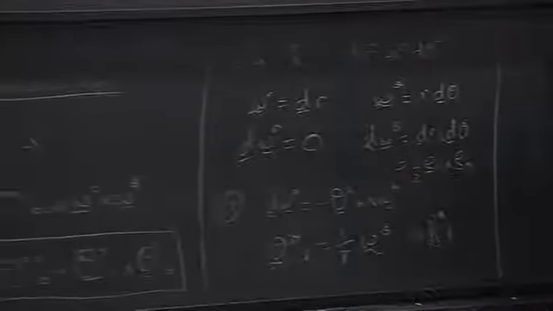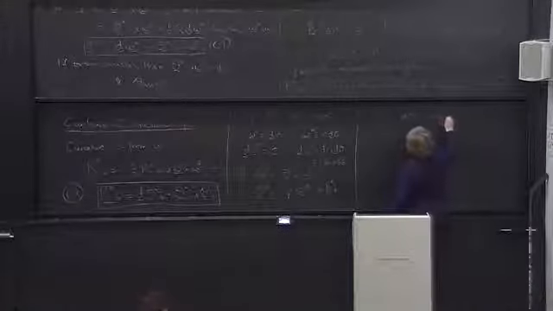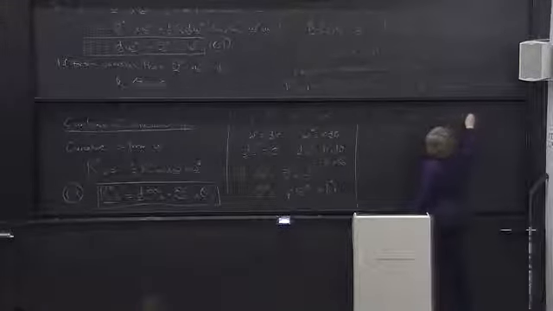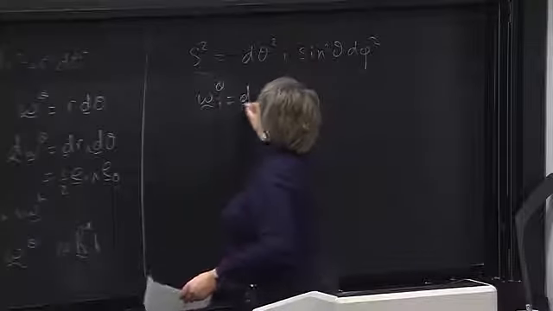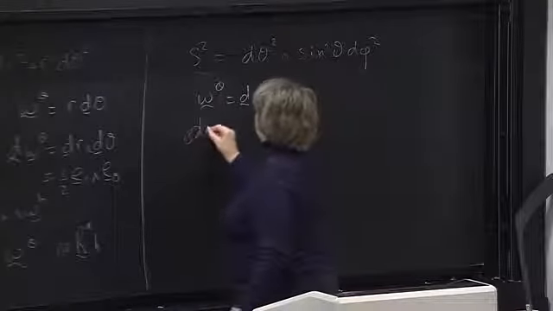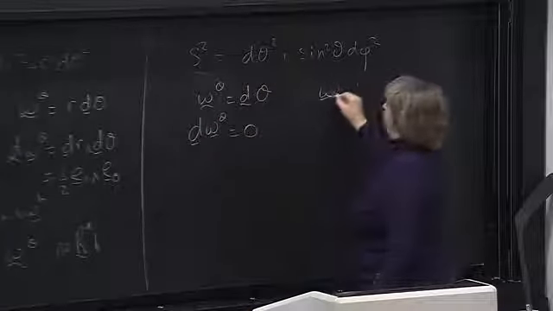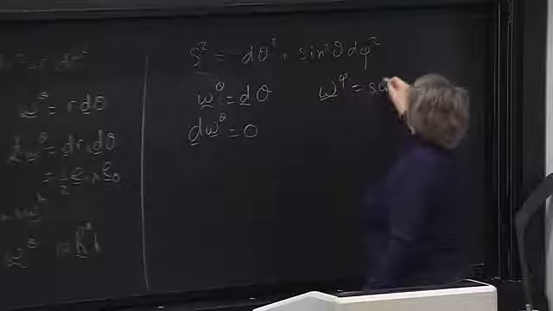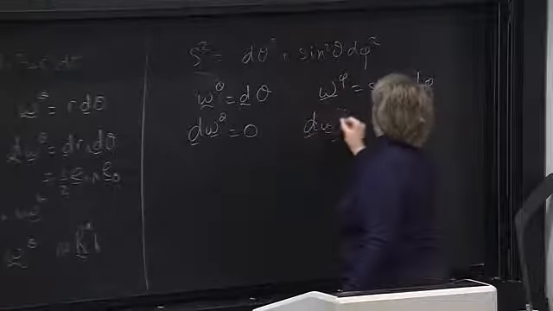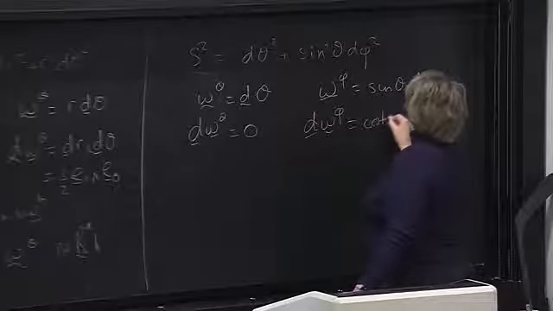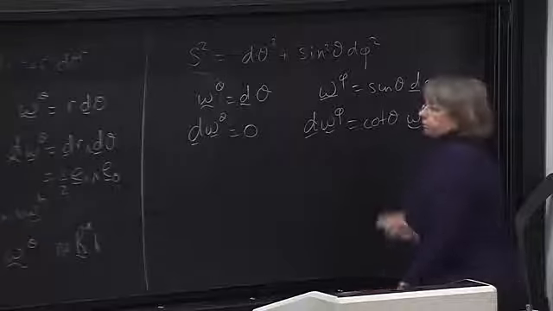So if I look at now the 2-sphere, my omega theta is d theta. My d of omega theta is 0. Omega phi is sine theta d phi. D of omega phi is cot theta omega theta cross omega phi.